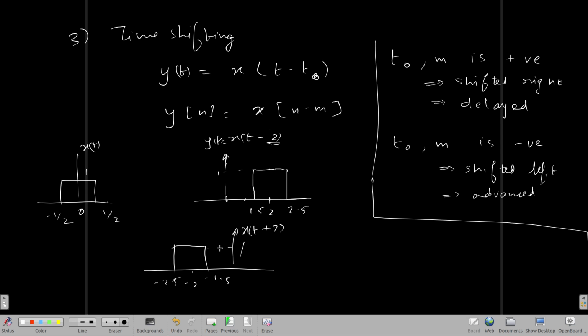Each point would have shifted left by 2 units. That is why this 2 is t0, and that is what is being mentioned here. That is, if this shift is positive, and remember, when you say t0 is positive, we are considering x of t minus t0.